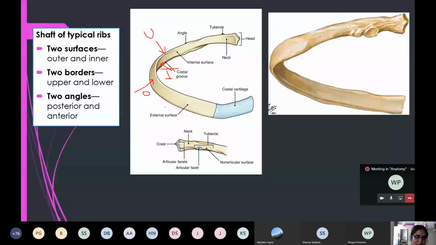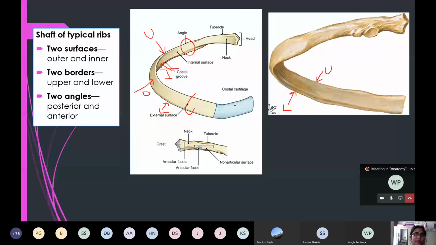The border seen from below is the sharp border, the lower border. It has two angles. This is the posterior angle, and here is the anterior angle.